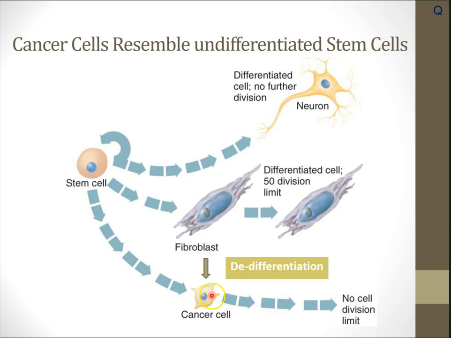This process of dedifferentiation is actually what allows the cell to have no cell division limit, and this is how uncontrolled cell growth essentially develops.